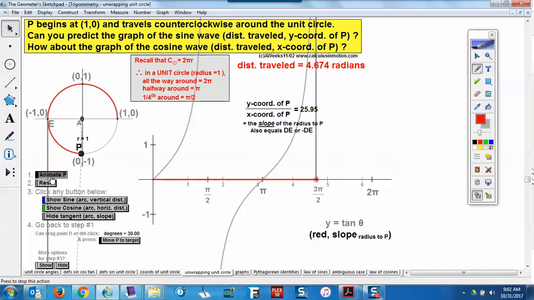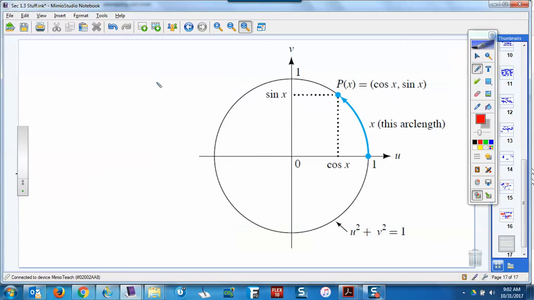Okay, so homework 1.3. These questions could be on the quiz about domain and range and these different types of functions.